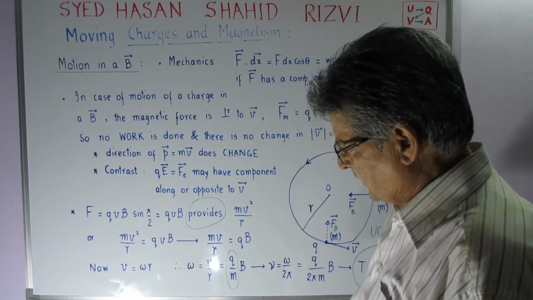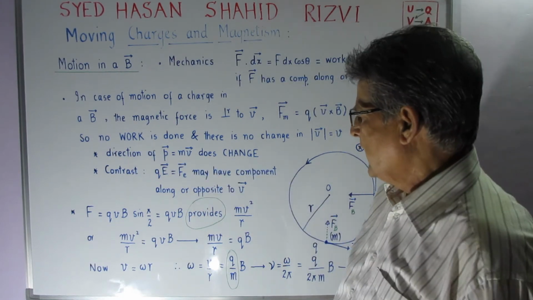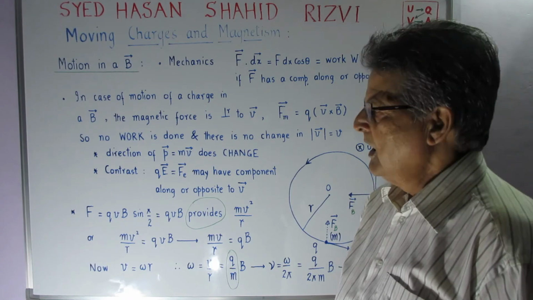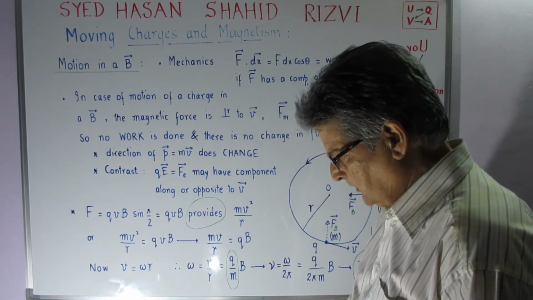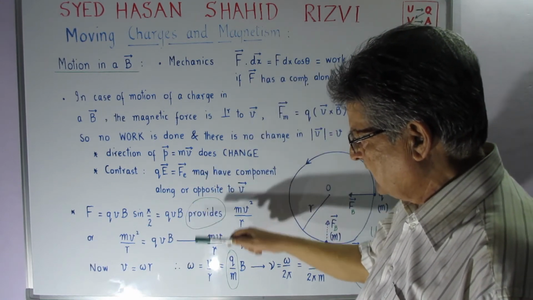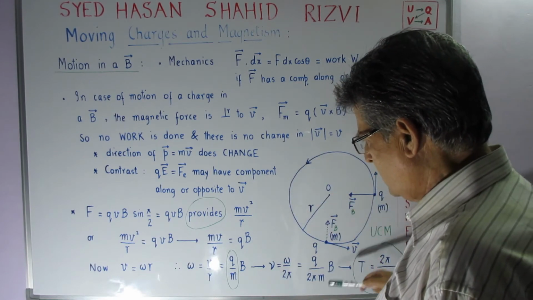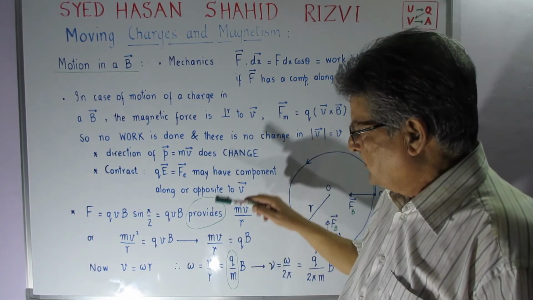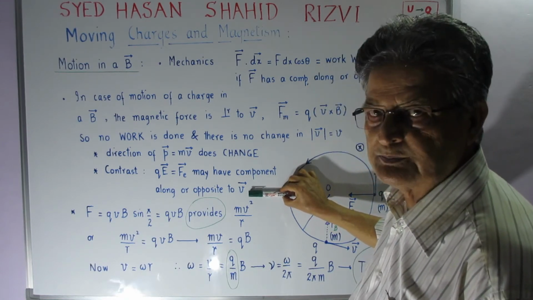The other thing is now, there is a diagram which appears on the left hand side of your board. This diagram shows that the path is helical. The helical path is there, and between two adjacent helix there is a pitch.